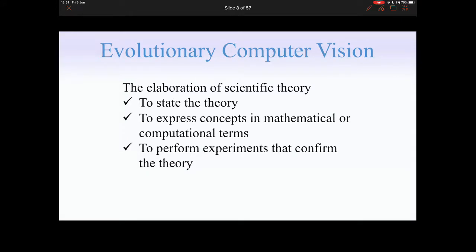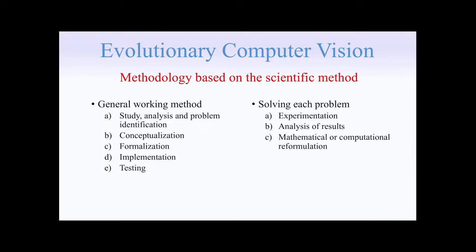In this way, the elaboration of a scientific theory requires 3 stages: to state the theory, to express concepts in mathematical or computational terms, and to perform experiments that confirm the theory. Reflection on these 3 points leads us to propose a methodology that allows us to develop research projects systematically. Thus, this methodology is based on the scientific method that can be summarized in the following 2 stages.